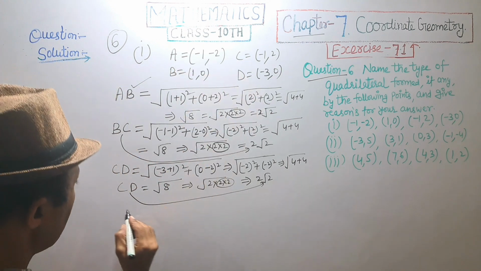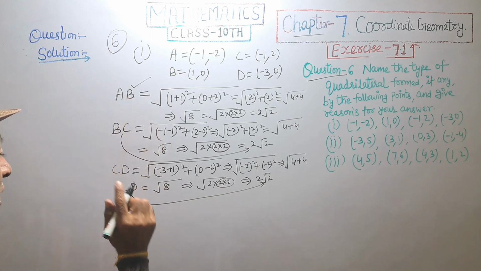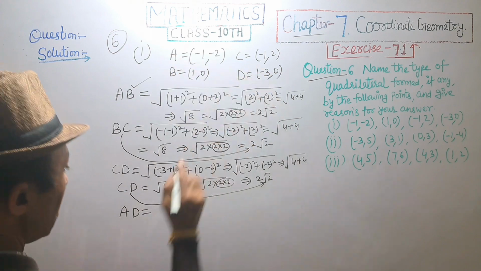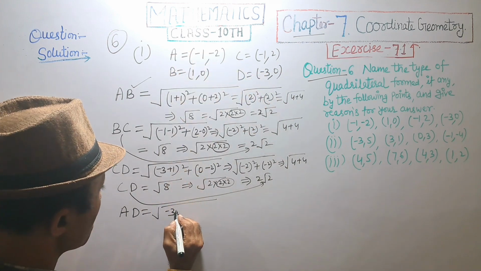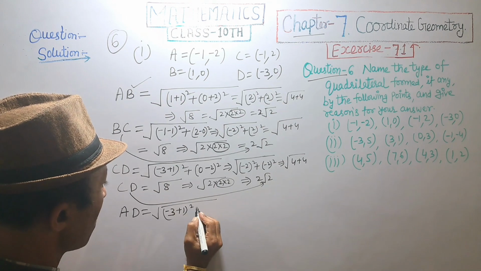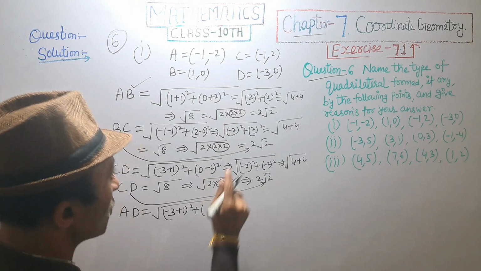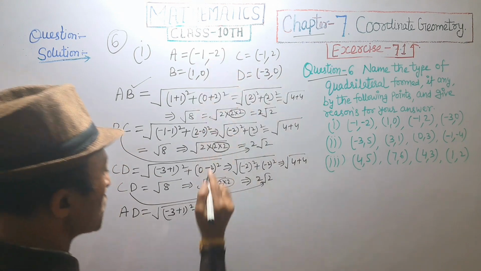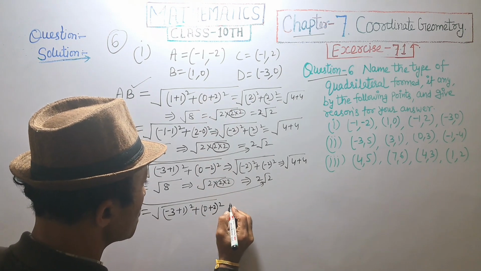But AB, BC, CD and AD by distance formula: that is (minus 3 plus 1) raised to power 2. On the same process, (y2 minus y1) raised to power 2, y2 is here 0 and y1 is here minus 2, so (0 minus minus 2) square.